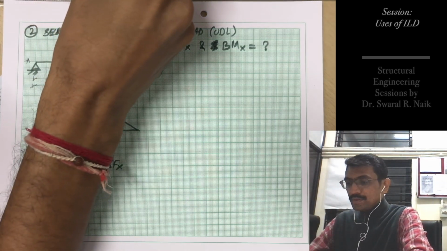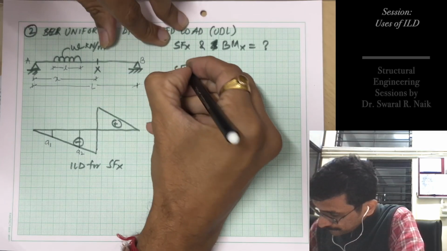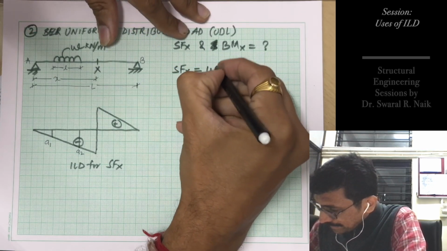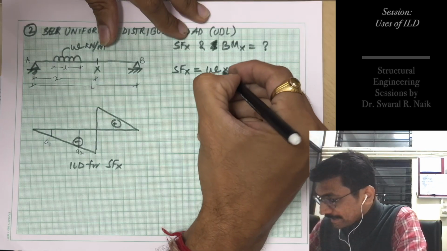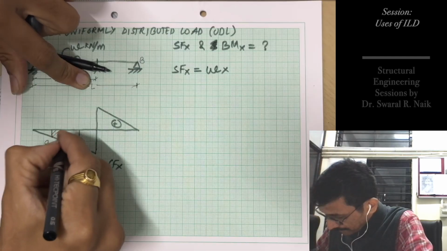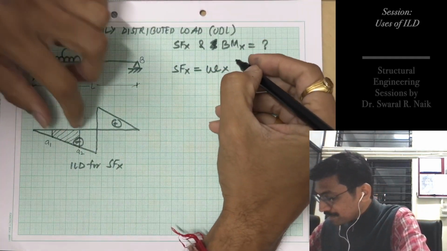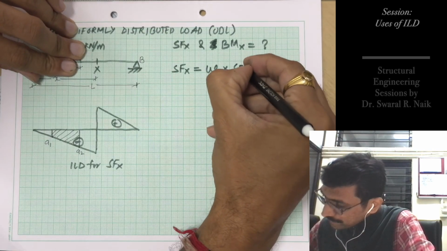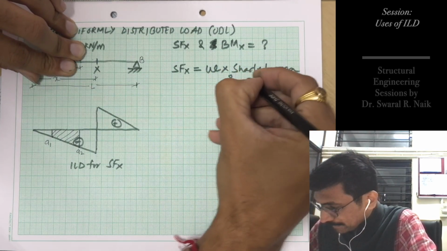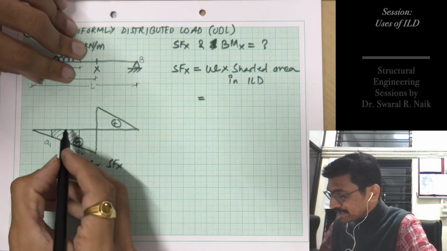So SF at X due to UDL is nothing but intensity of the UDL into this shaded area covered by that UDL in this ILD diagram. Shaded area in ILD.